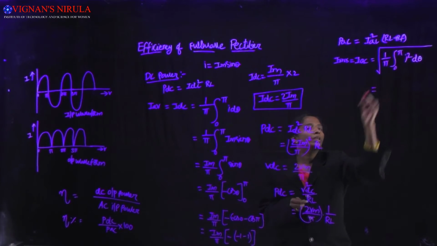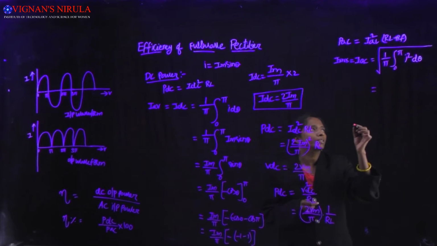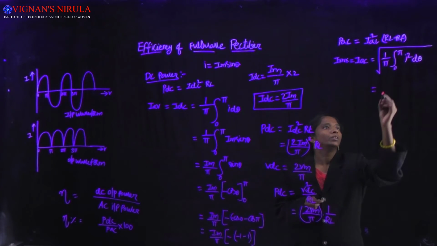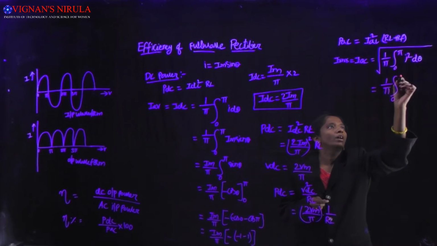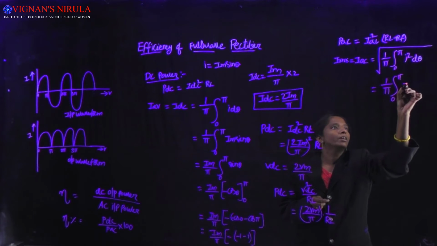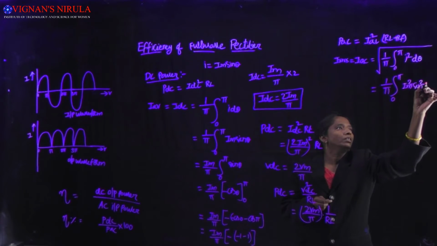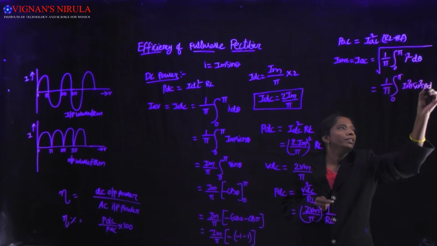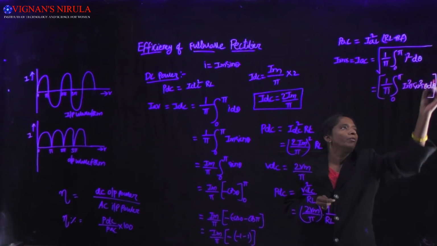Now we can write root as whole power 1 by 2. So 1 by 2, and we can substitute the value of I square, that is Im square sin square theta d theta whole power 1 by 2.